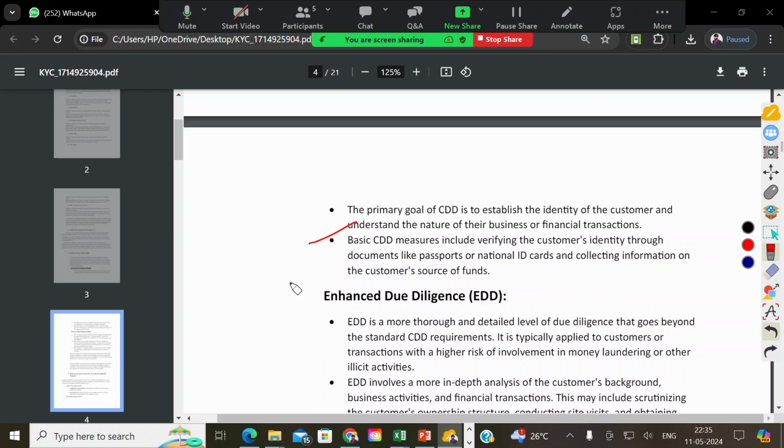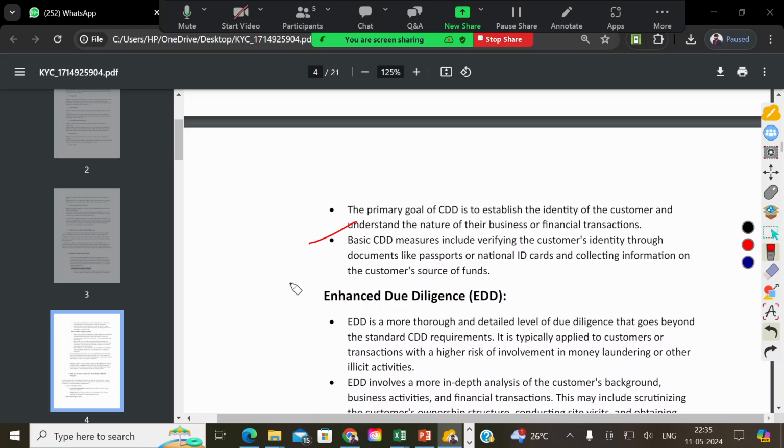The amount will go into the AML process, where you will have to prove that this money is clean and you have received it from banking sources, that you have sold your agricultural land, and that's why you have received that amount. So you will have to prove it. Are you getting my point? So this is how basically CDD works.